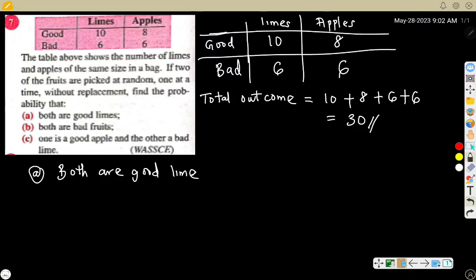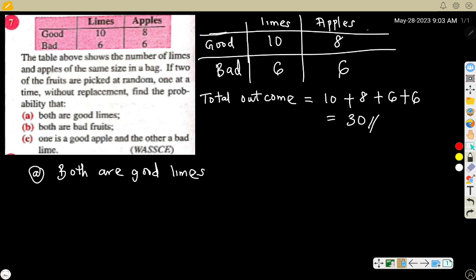So let's solve this probability question. The table above shows the number of limes and apples of the same size in a bag. If two of the fruits are picked at random, one at a time, without replacement, find the probability that A, both are good limes.